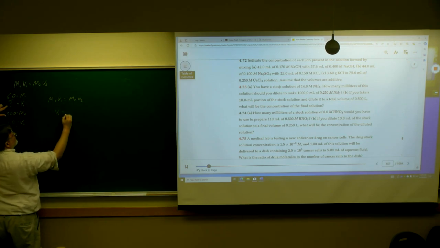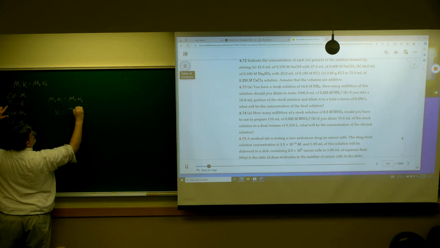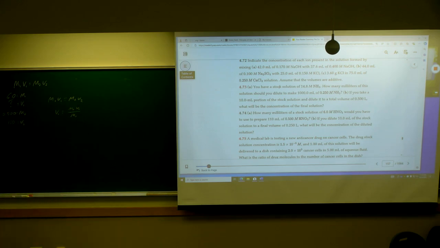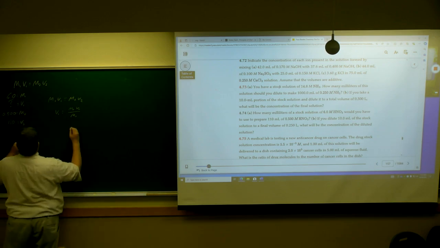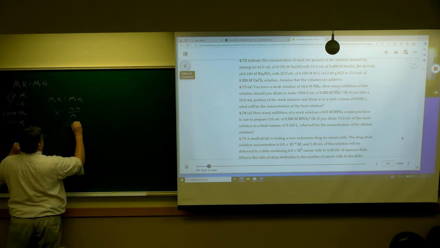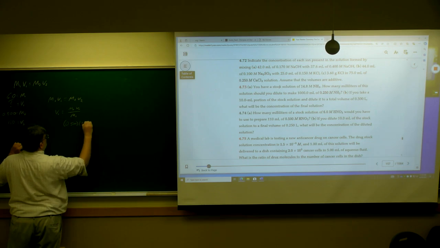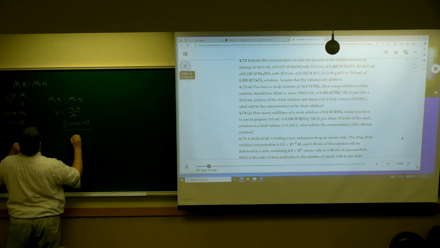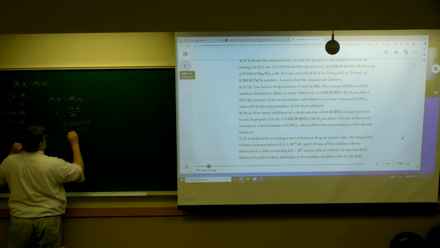So what we're solving for, I know students get confused on this, but this is actually very easy. M1V1 equals M2V2. So I just plug them in, 0.500 V2, M1 is 6.0.